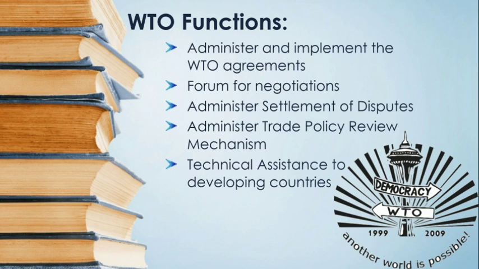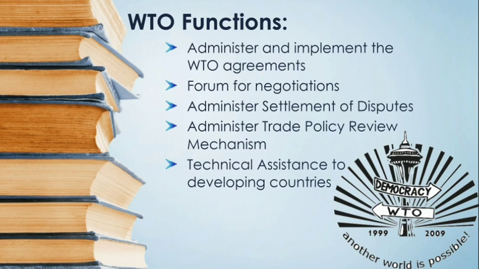WTO's main function is the implementation of its agreements and understandings regarding international trade. It needs to create a platform for negotiations by its member countries, and it also administers and solves disputes regarding international or global trade.